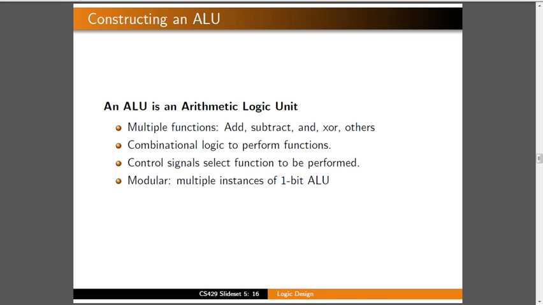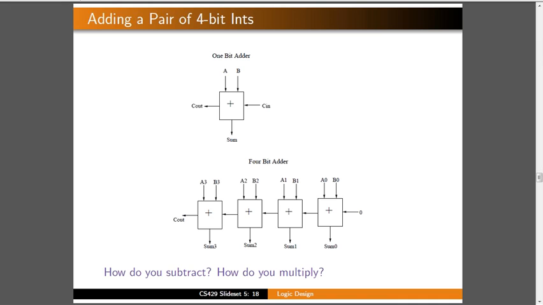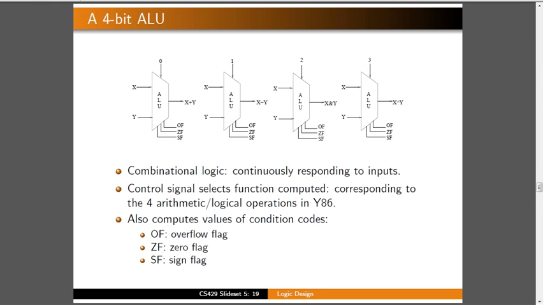There are multiple control signals to select the function to be performed. There are multiple instances of the 1-bit ALU. The following is a 1-bit adder. This is the adder, with C in, S and C out. These are adding a pair of 4-bit inputs, with C in, C out and sum, using the 1-bit adder.